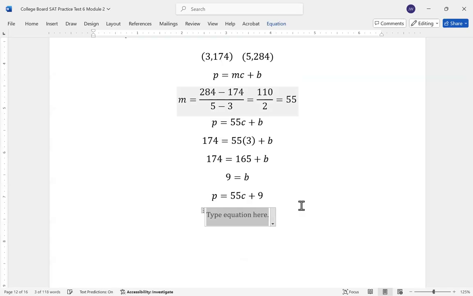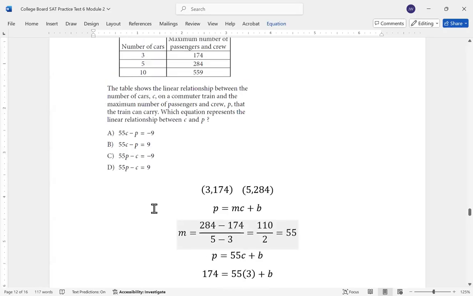If I do that, I end up with negative 9 is equal to 55C minus P. Or in other words, we can write it on the reverse side, 55C minus P is equal to negative 9. So that's the answer. 55C minus P is equal to negative 9.